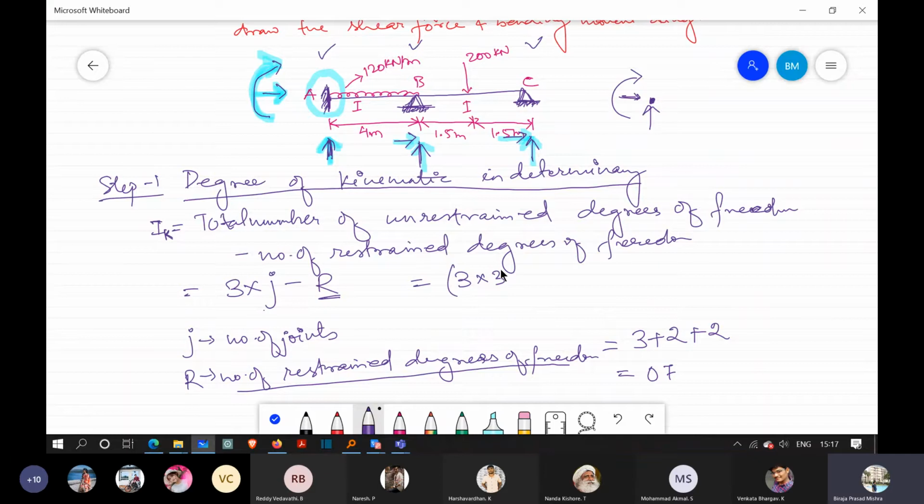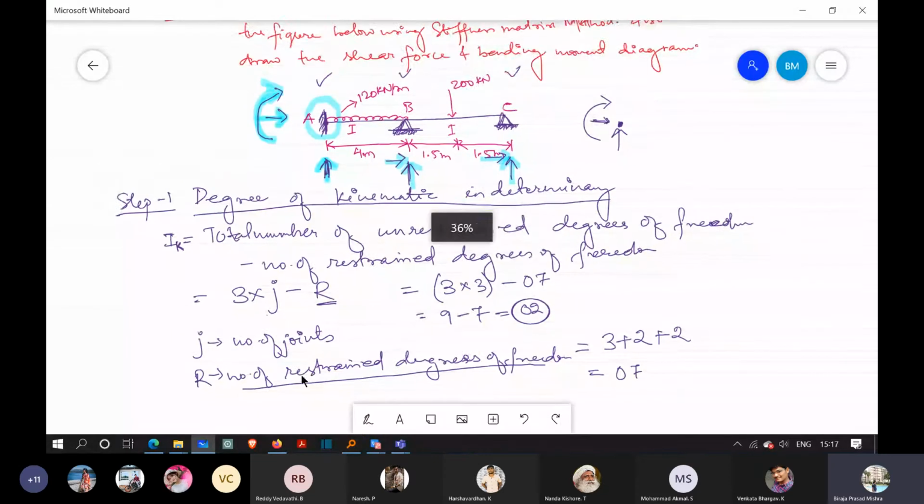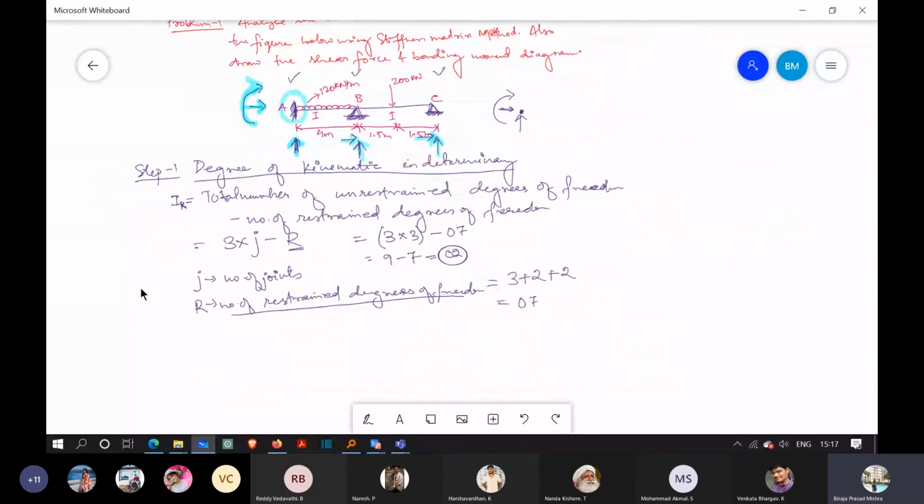So 3 into 3 minus 7. So it is 9 minus 7, that is 2. So hence the degree of kinematic indeterminacy of this structure is 2.